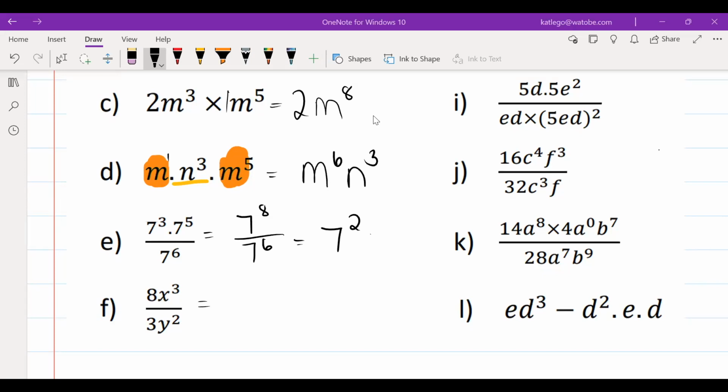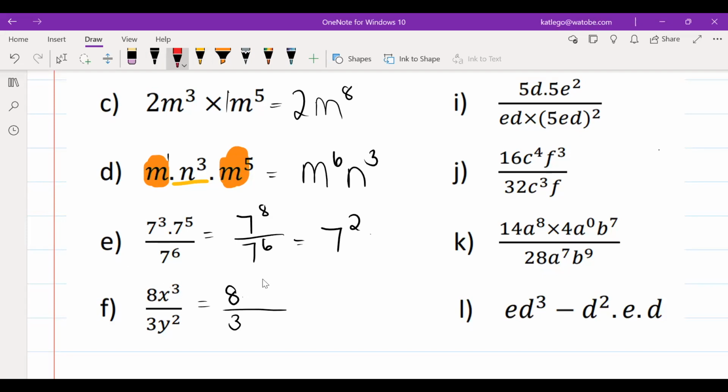Okay, let's check. Numbers. Can 3 go into 8? The numbers are not going to change, okay? Now let's think about the laws of exponents. What is the condition for laws of exponents? In order for you to apply the laws of exponents, the bases have to be the same.